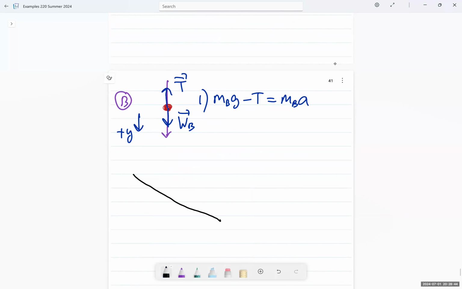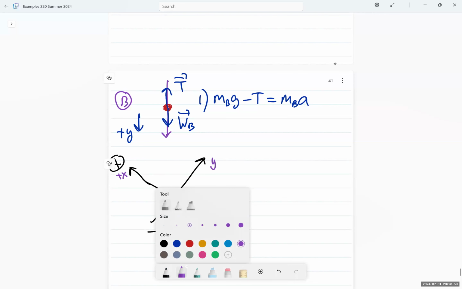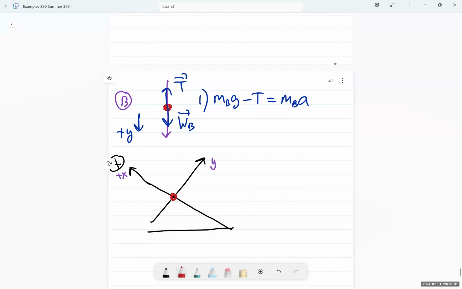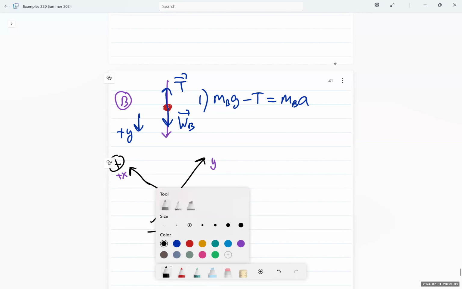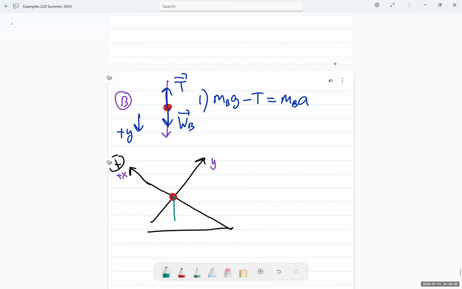And then for system A, again, assuming that the entire thing is going to accelerate up, I'm going to take up as positive X. So what I will have here is the weight of A, the 37-degree angle, the normal force, and the tension.